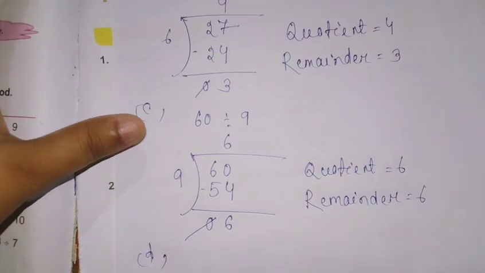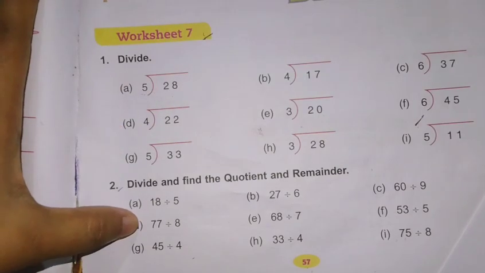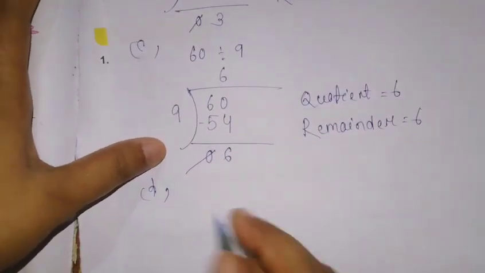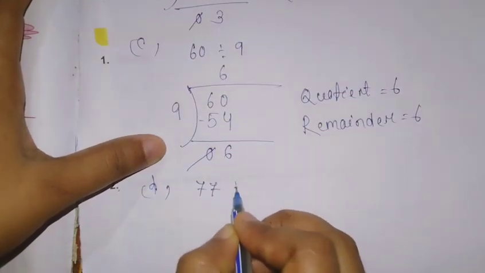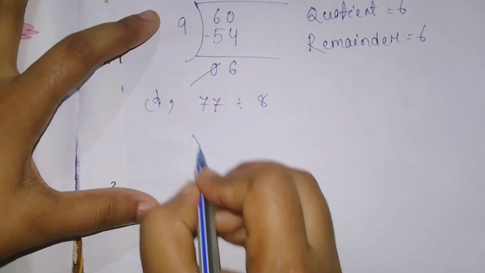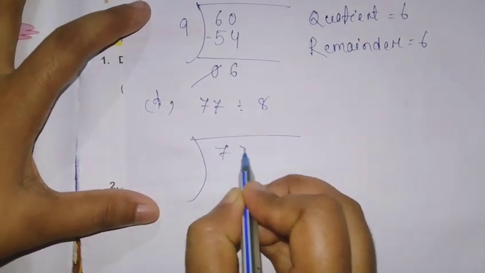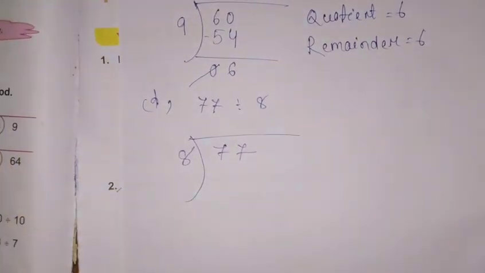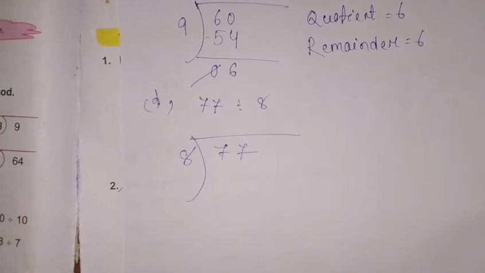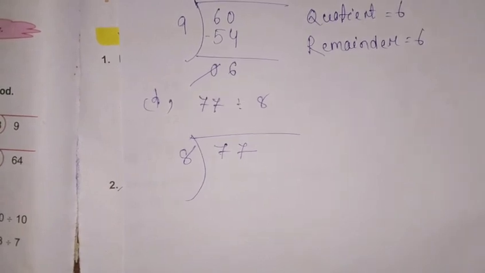Then another point D. 77 divided by 8. First, we recite the multiplication table of 8 till we get 77. 77 will not get in the multiplication table of 8.